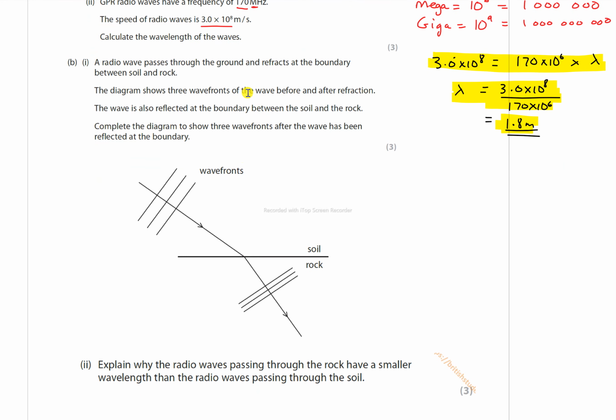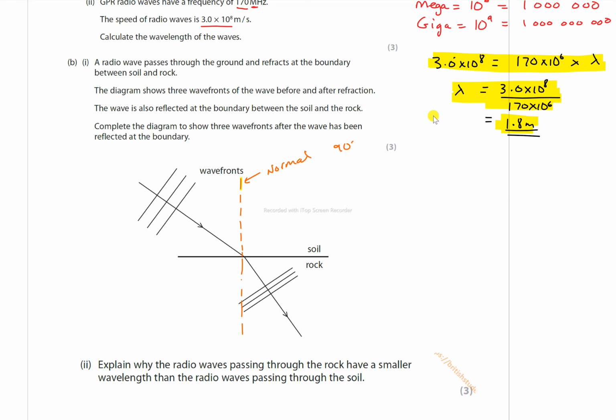Right, a radio wave passes through the ground and refracts at the boundary. When you've got a change in density between the two mediums, you get refraction between soil and rock. Here's the normal.